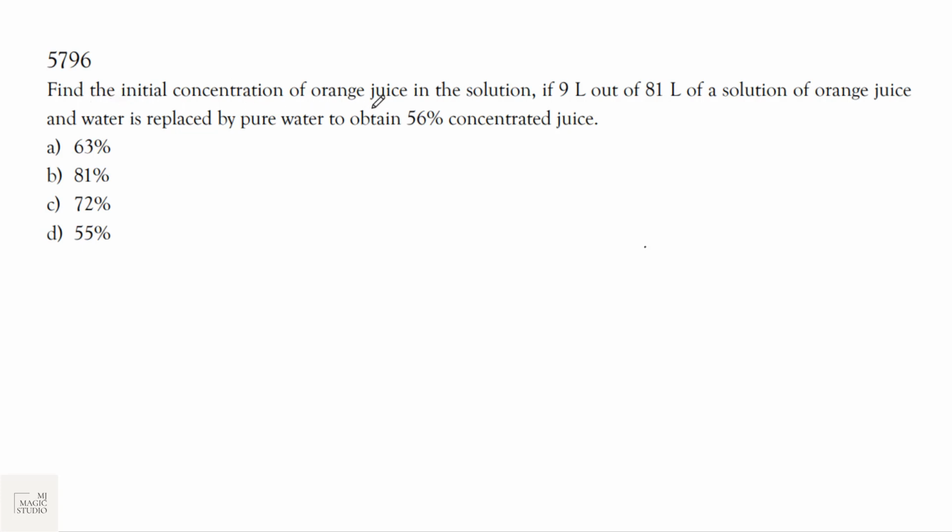Find the initial concentration of orange juice in the solution if 9 liters out of 81 liters of a solution of orange juice and water is replaced by pure water to obtain 56% concentrated juice. Now, this formula you can see in rule 6, where we have put the masterclass of these formulas in detail.